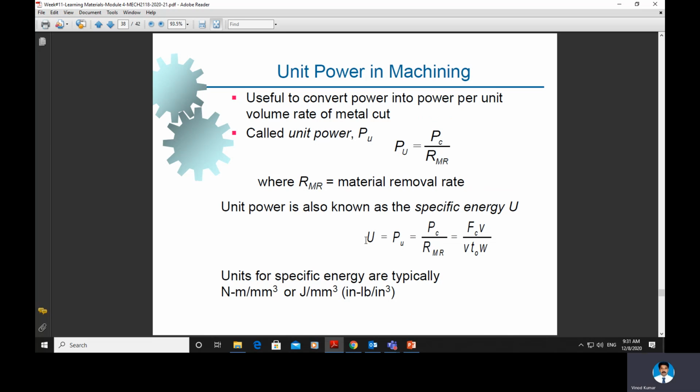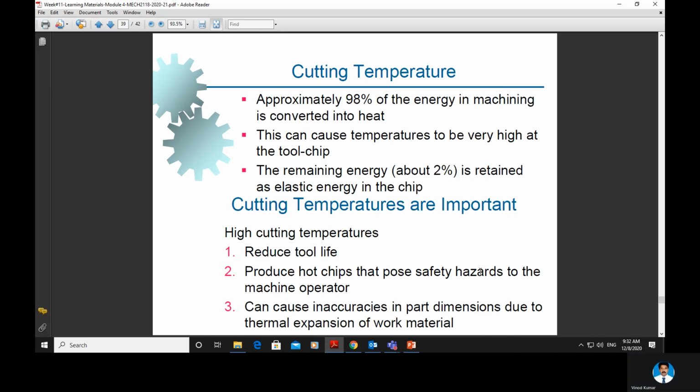Another term used is specific energy U, which can also be called unit power or specific energy. We calculate it as power, which is Fc times V, cutting force times cutting speed, divided by the material removal rate, which is V times t0 times w.